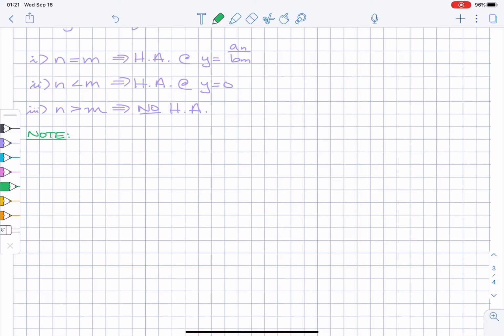Okay, so note, if we have the case that n is larger than m, we perform polynomial long division.